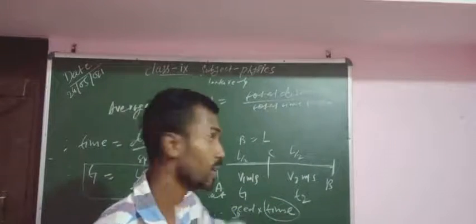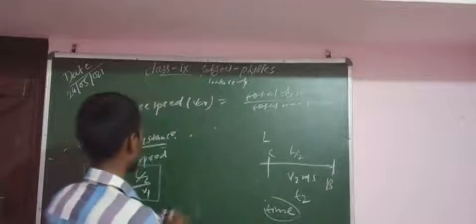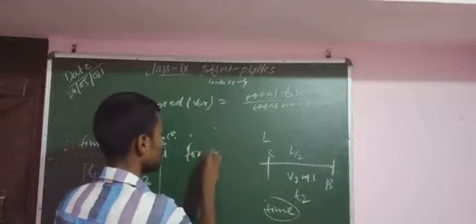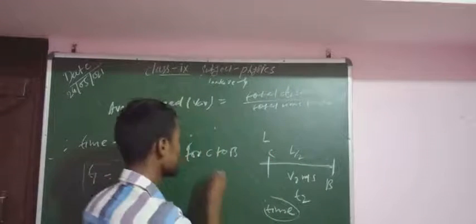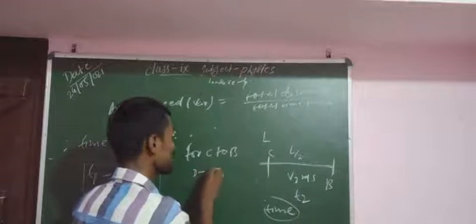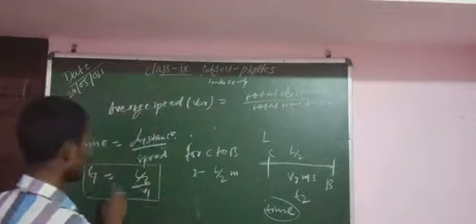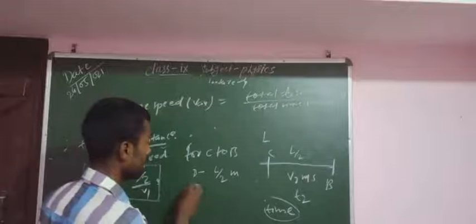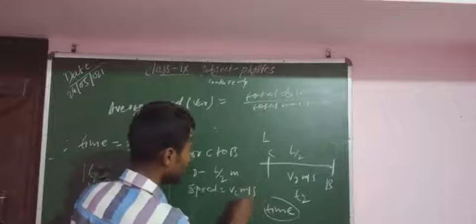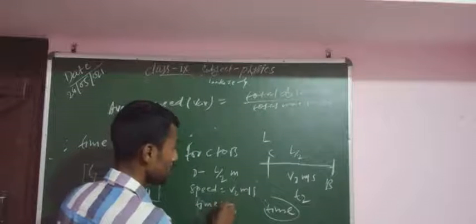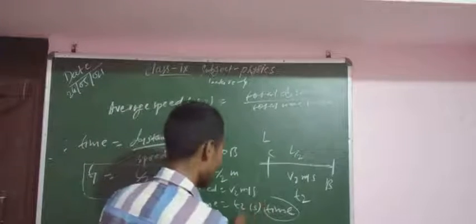Next, for C to B, the distance will be equal to L by 2 meter, speed will be equal to V2 meter per second, and time will be equal to T2.